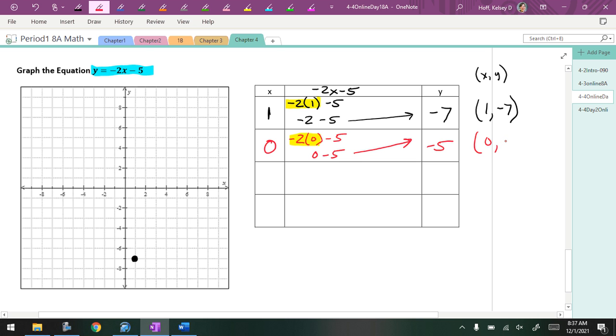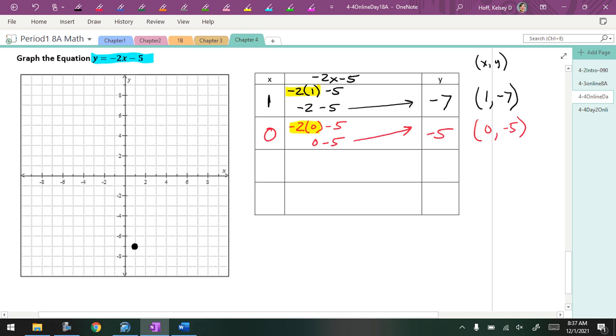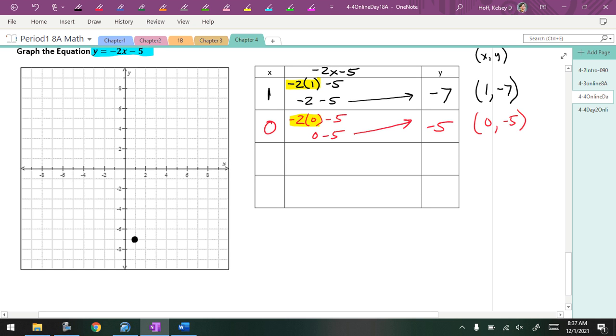And the y? Negative 5. Now put that on your graph. 0 on your x, negative 5 on your y. Nope, we got to get 3 points. 0 on your x, don't go left or right, just go down 5.